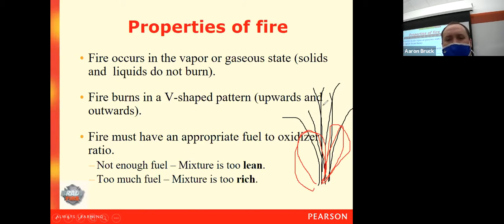And so we'll get a tall point of the flame where the convection is going straight up still. And we'll get kind of a curvature as gravity starts to impact the movement of that gas, the movement of that heat. So that creates this conical kind of shape, and that's why we end up getting that V-shaped pattern.